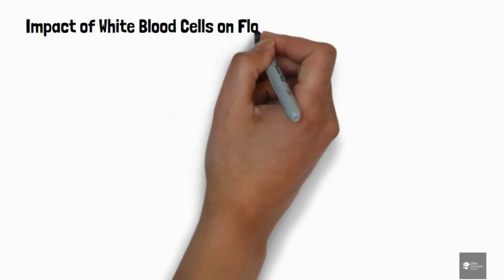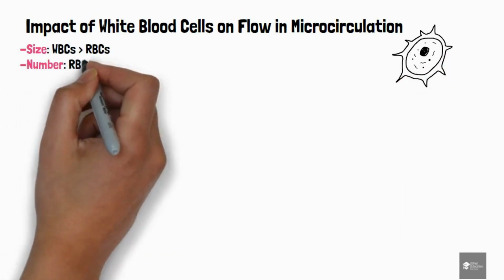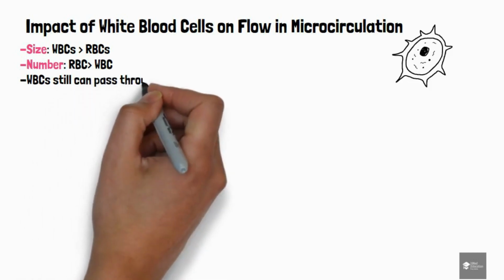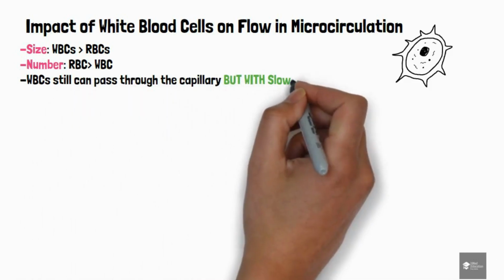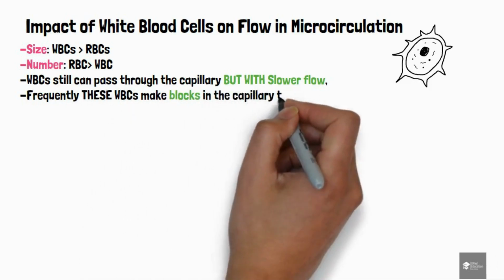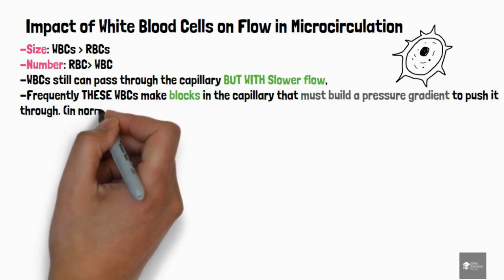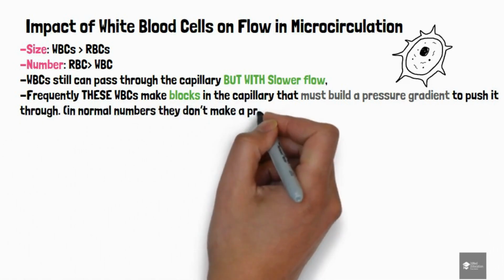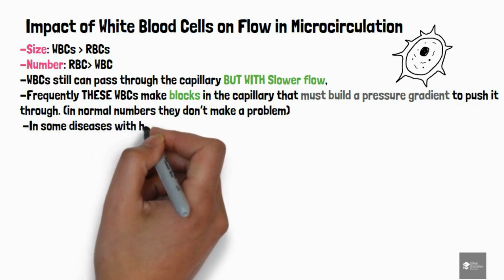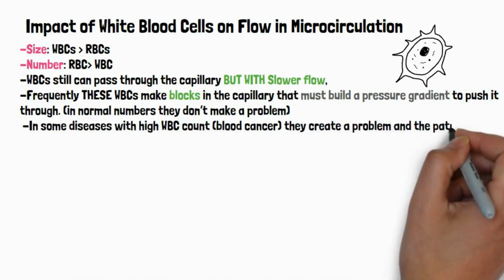So the impact of white blood cells on flow in microcirculation. As you know, the size of white blood cells is bigger than red blood cells, and the number of red blood cells is more than the number of white blood cells. So white blood cells can still pass through the capillary, but with slower flow. And frequently, these white blood cells make a block in the capillary, so a pressure gradient must build from the heart to push it through the capillaries.